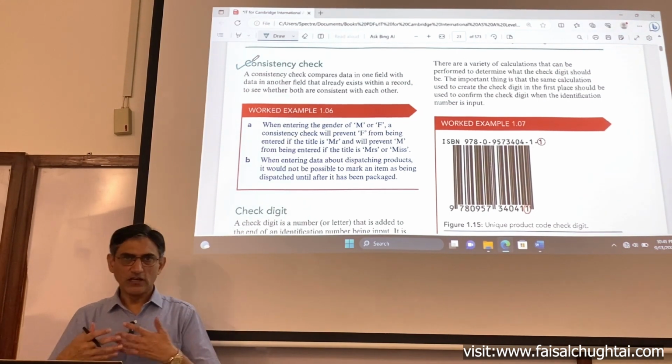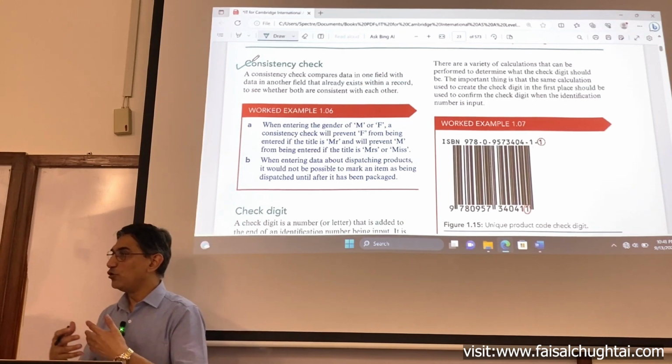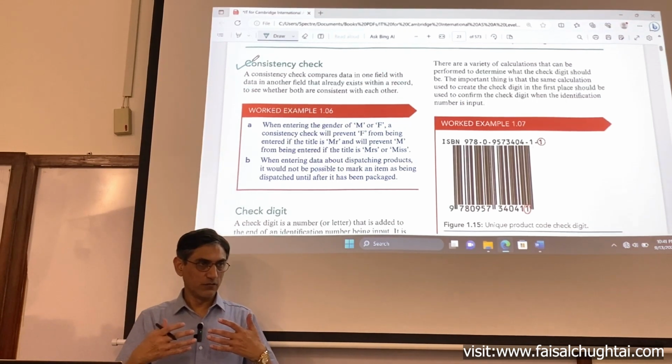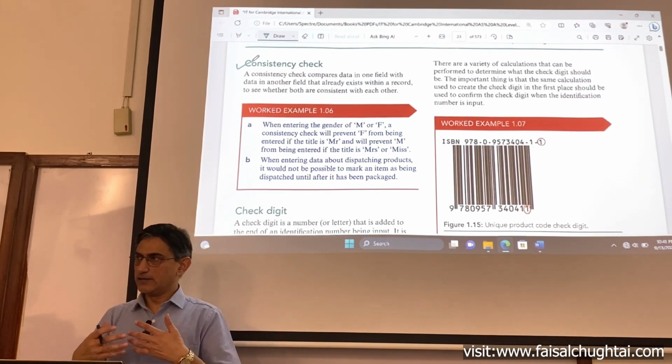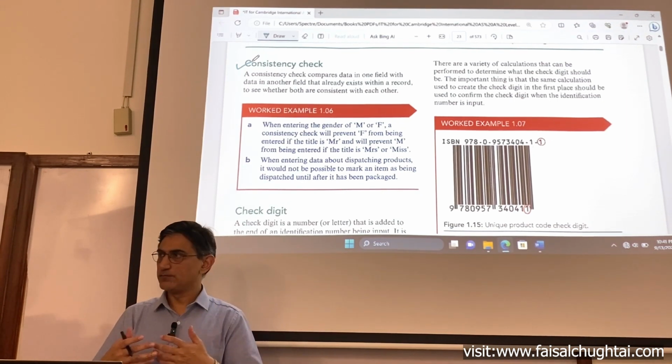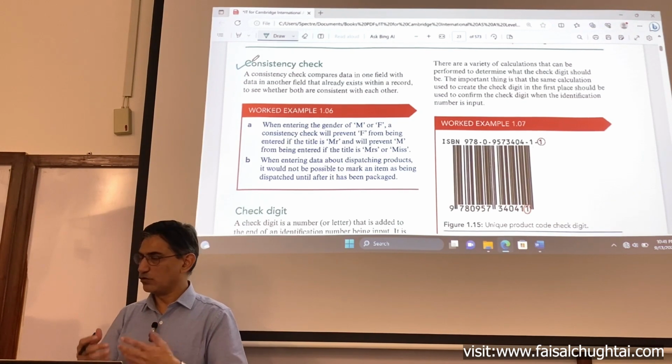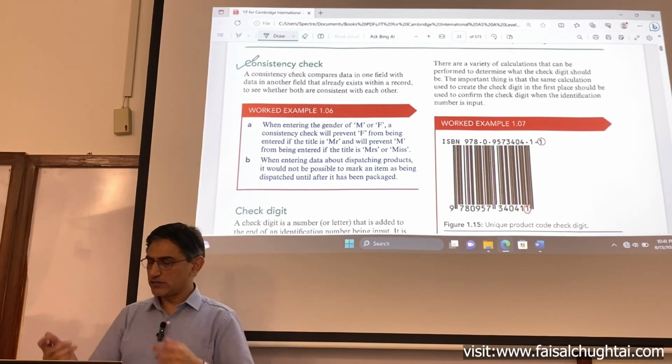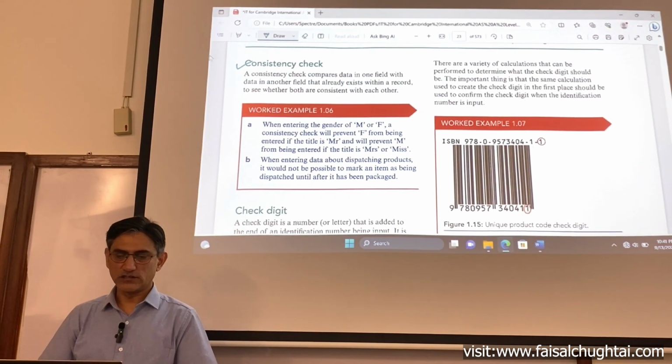It will check how certain data items are logically related with each other in a certain context, and if they are not, then the consistency check would catch it. What could be some of the examples? I think you will understand it better when I give you the example.